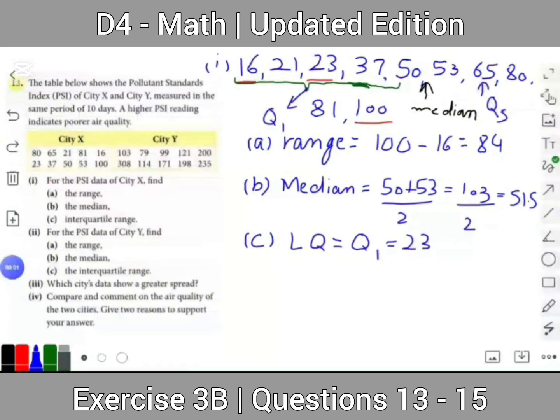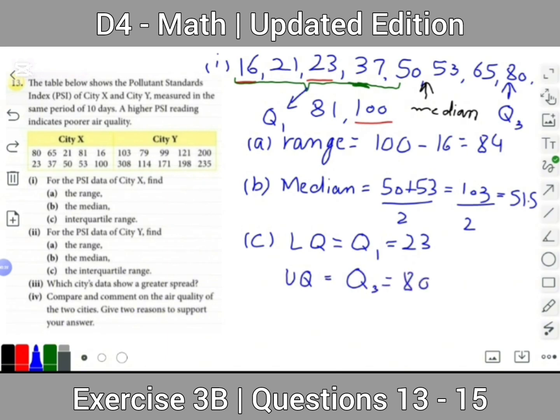Now to find the upper quartile, we have to analyze the upper half of the data set values, the right side 5 values lying to the right of the median. The middle value of the 5 values on the right-hand side is 80, so the upper quartile Q3 is equal to 80.